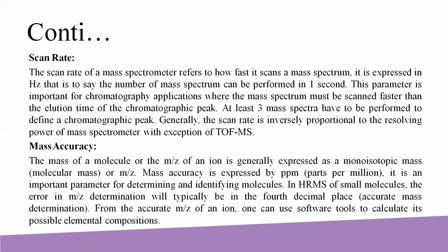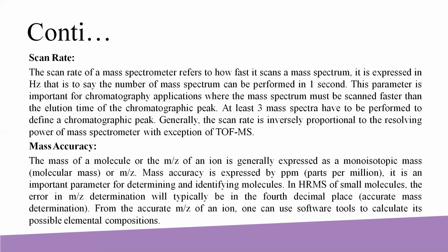Generally, the scan rate is inversely proportional to the resolving power of the mass spectrometer, with the exception of TOFMS. Next is mass accuracy. The mass of a molecule or the m/z of an ion is generally expressed as a monoisotopic mass. Mass accuracy is expressed in ppm, parts per million.